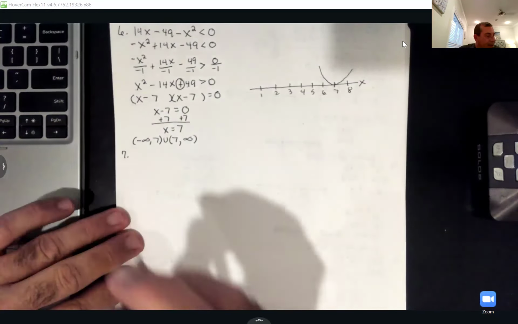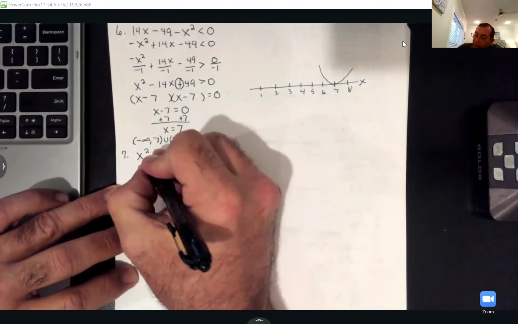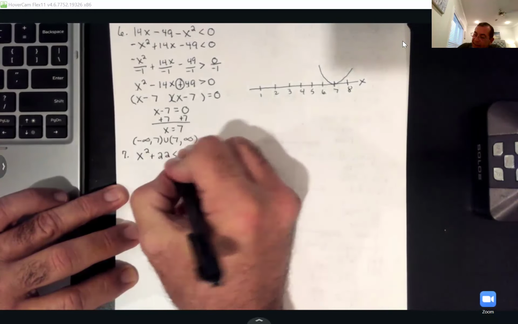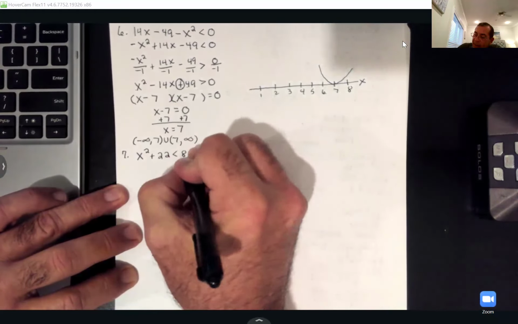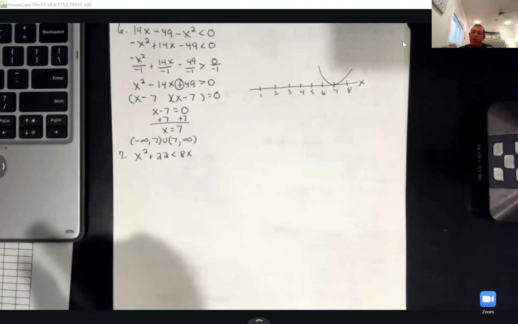All right, y'all, so let's try this last one. X squared plus 22 less than 8x. So I'm interested. What would y'all's first move be on that?